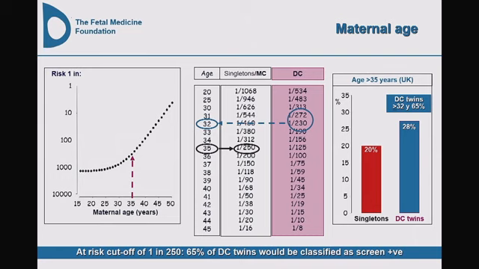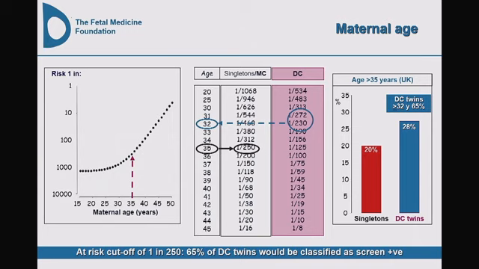Let us start with the traditional method of screening, which per se is maternal age. In this graph, you can see that if the woman attends your clinical practice at the age of 35, the risk based on maternal age for Down syndrome is the same for monochorionic twins and singleton pregnancy. It's 1 in 250. But if these are dichorionic twins, you can see that the risk is 1 in 125.